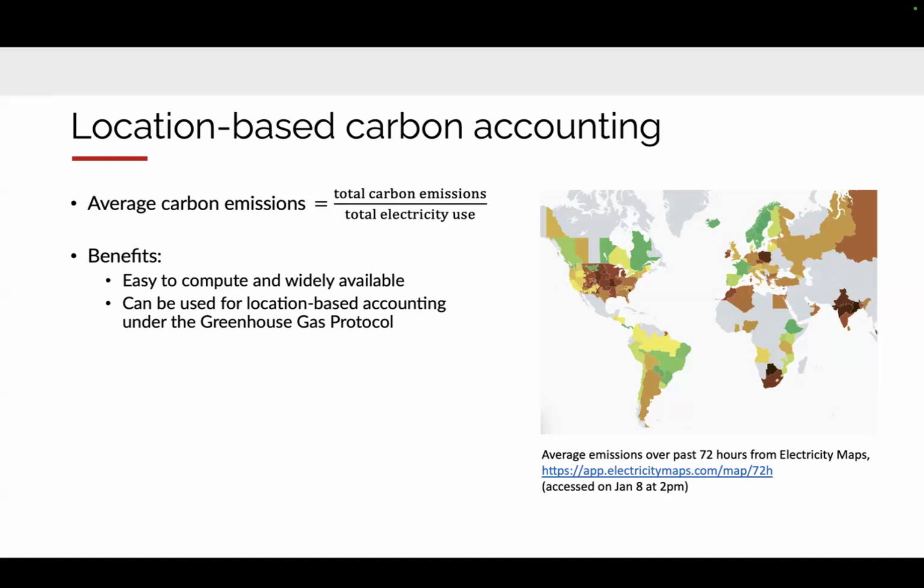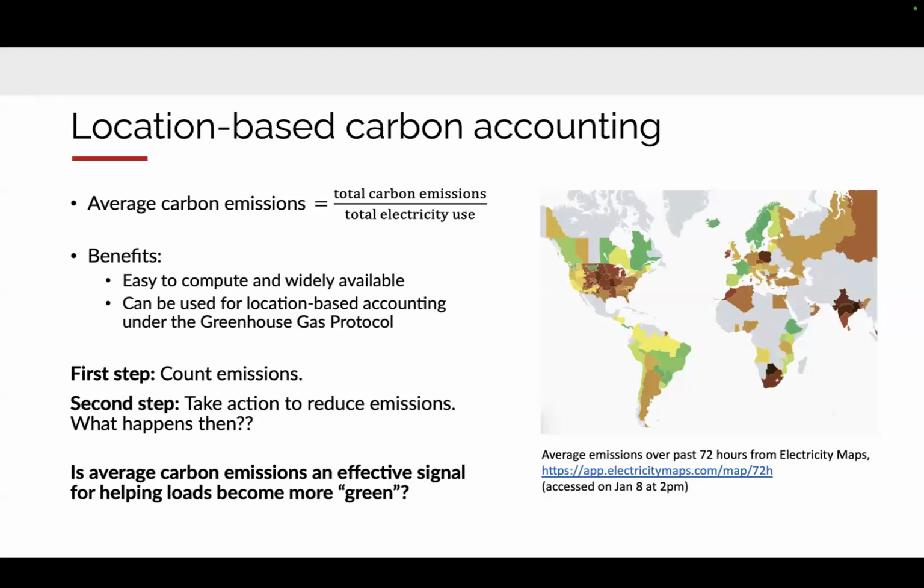Electricity Maps, who developed this data, have also done a lot of modeling to understand imports and exports, because in many tightly coupled grids it's really important to know, for example, that California is importing a lot of hydropower from the Pacific Northwest. Okay, so that's how this is computed.